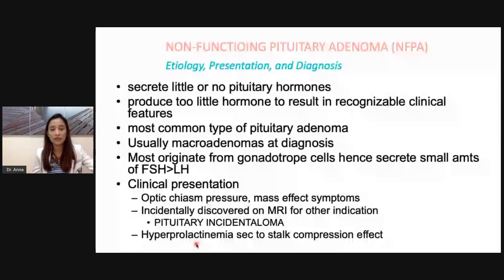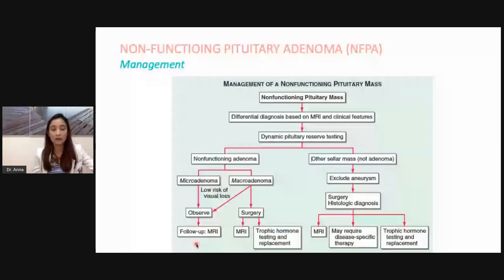So how do we treat if you have determined that it is non-functioning? You test for the pituitary reserve hormones. Sometimes if the pituitary adenoma is so big, it can cause hormonal deficiencies. You can have adrenal insufficiency, central hypothyroidism, and so on and so forth.